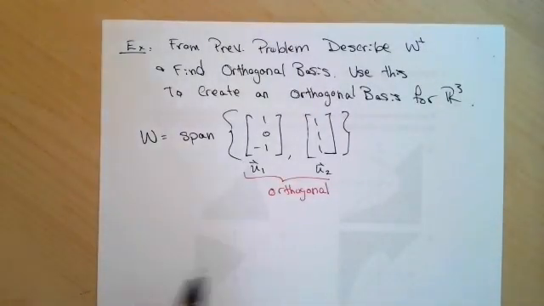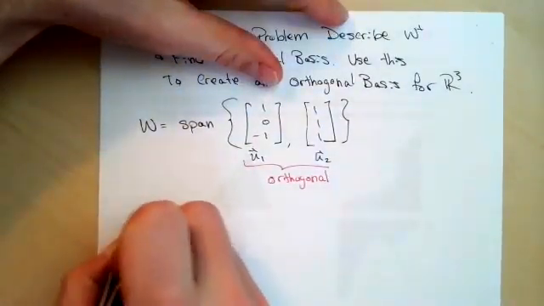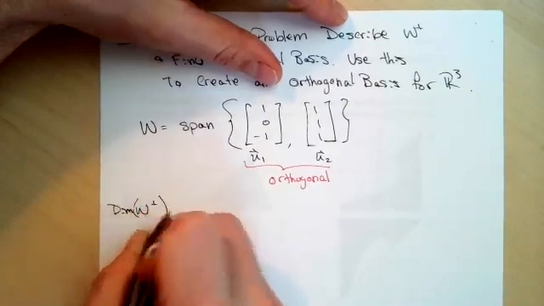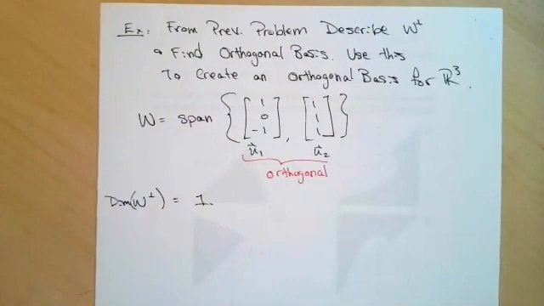So since we already have two basis elements that are orthogonal, we should expect the dimension of W perpendicular to just be 1. And I claim that we already found a perpendicular vector.